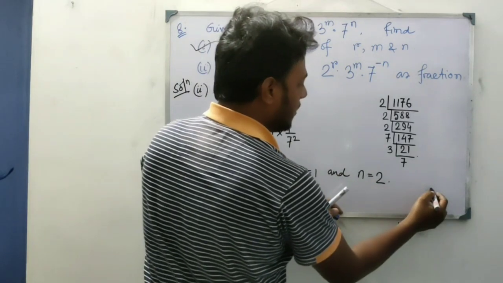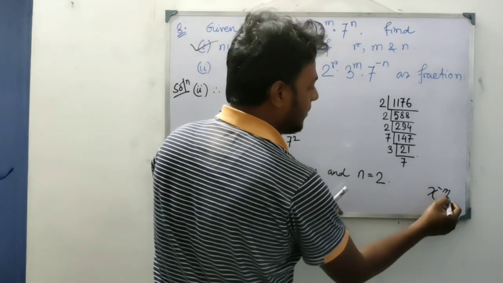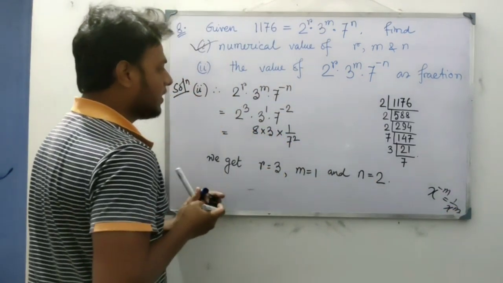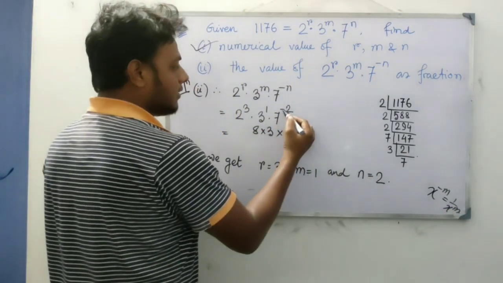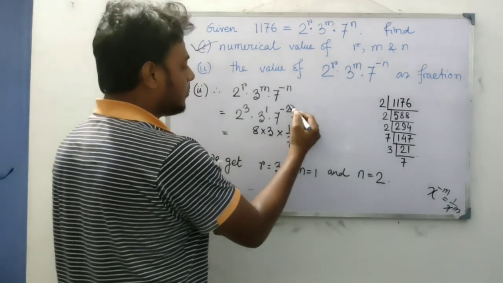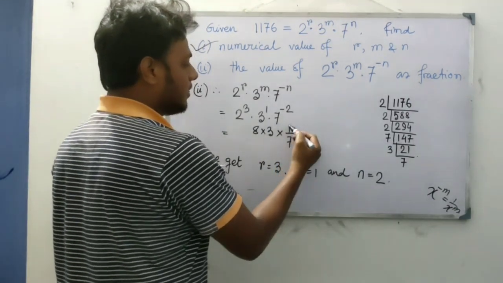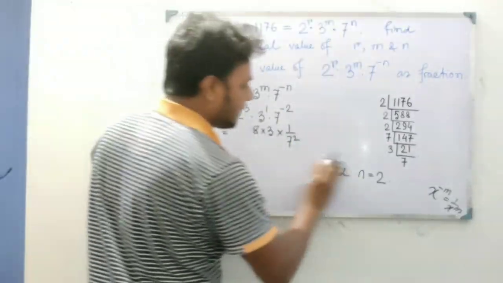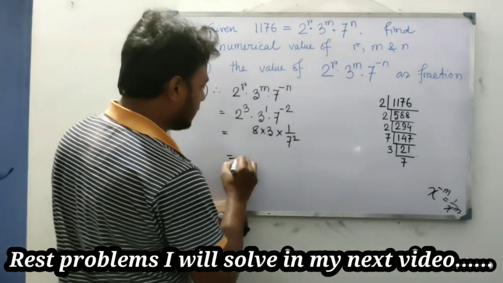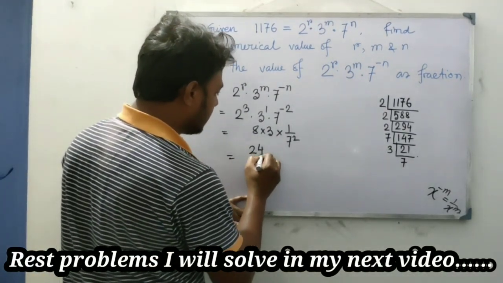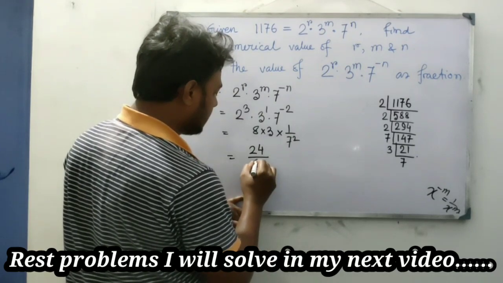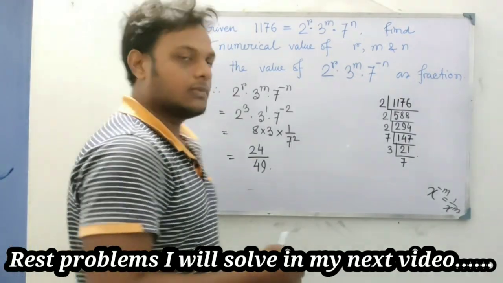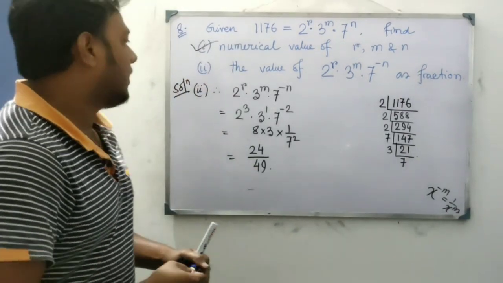By the law of exponents, x to the power minus m can be written as 1 by x to the power m. To remove the minus, we have to consider 1 by. Clear? So it becomes 24 (3 eights are 24) over 7 square, which means 49. So this completes the solution. This is problem number 8.